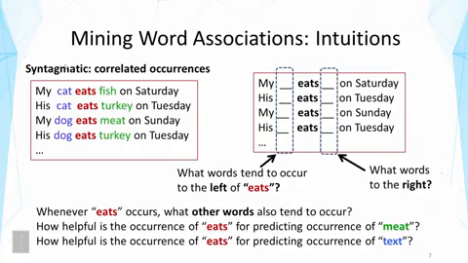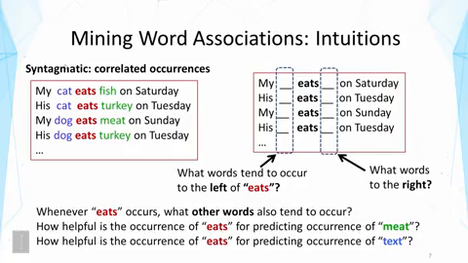So this intuition can help us discover syntagmatic relations. Now, again, consider an example. How helpful is the occurrence of eats for predicting occurrence of meat? Right, so knowing whether eats occurs in a sentence would generally help us predict whether meat also occurs. Indeed, if we see eats occurring in the sentence, that should increase the chance that meat would also occur.